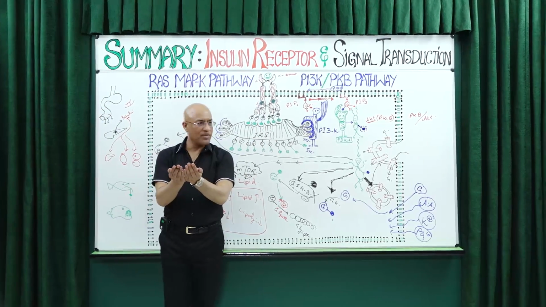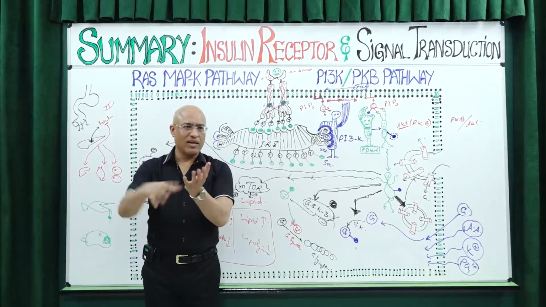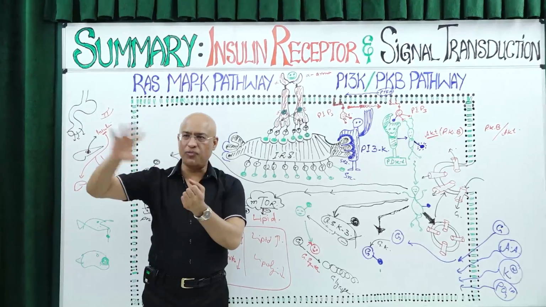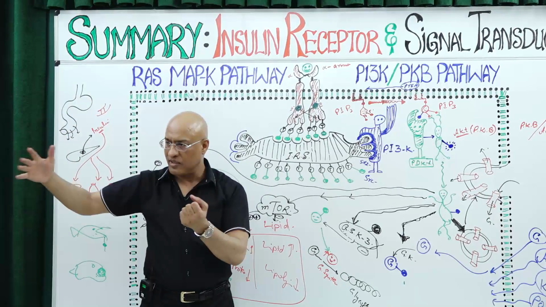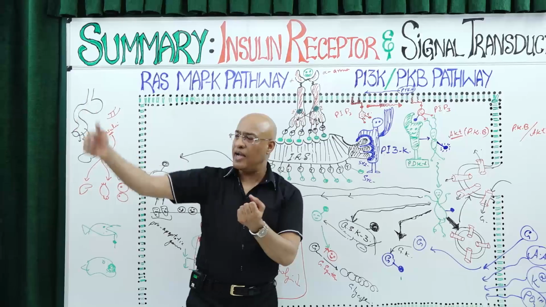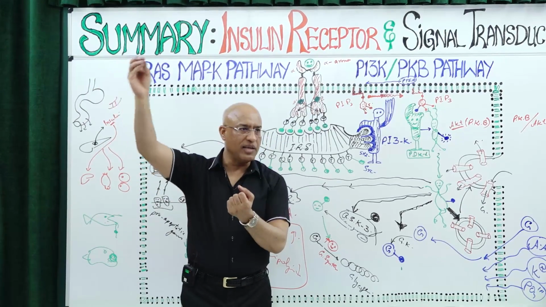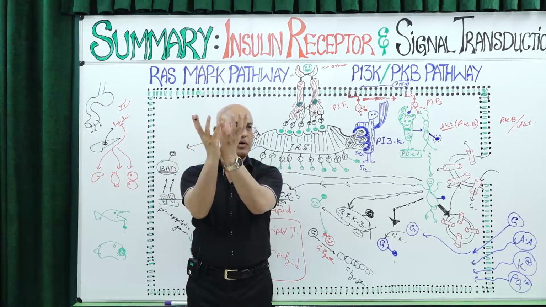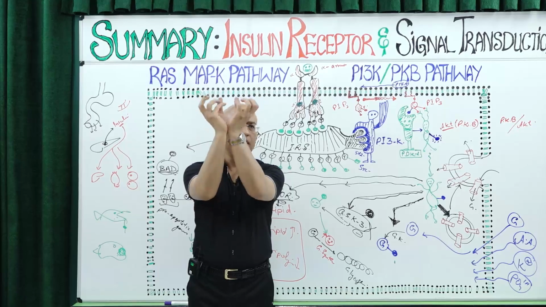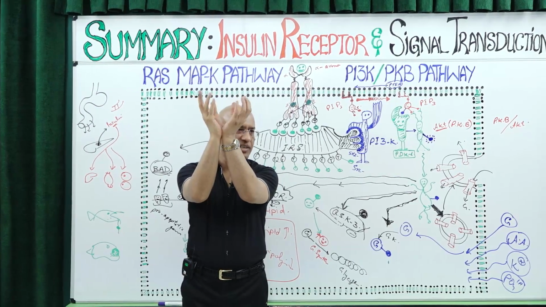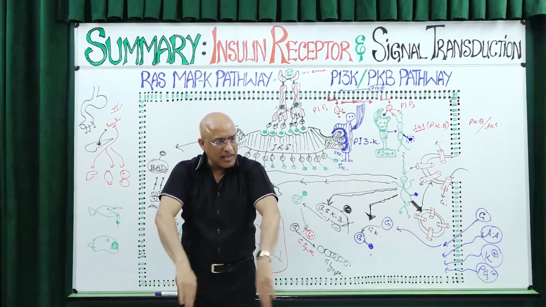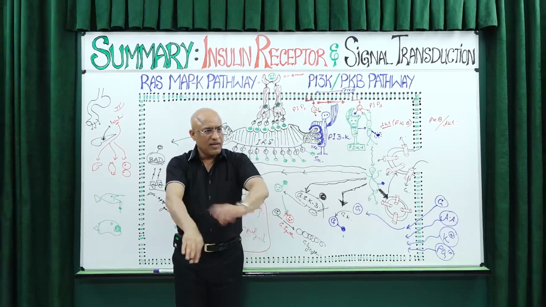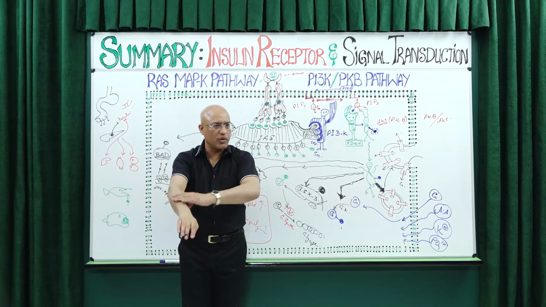Let's suppose I'm here. First of all, a lot of nutrients and glucose are coming into the body, and pancreatic beta cells release insulin. Insulin binds with what? The alpha subunit. When the alpha subunits are activated, they will activate the beta subunit. The beta subunits will lead to autophosphorylation on what?